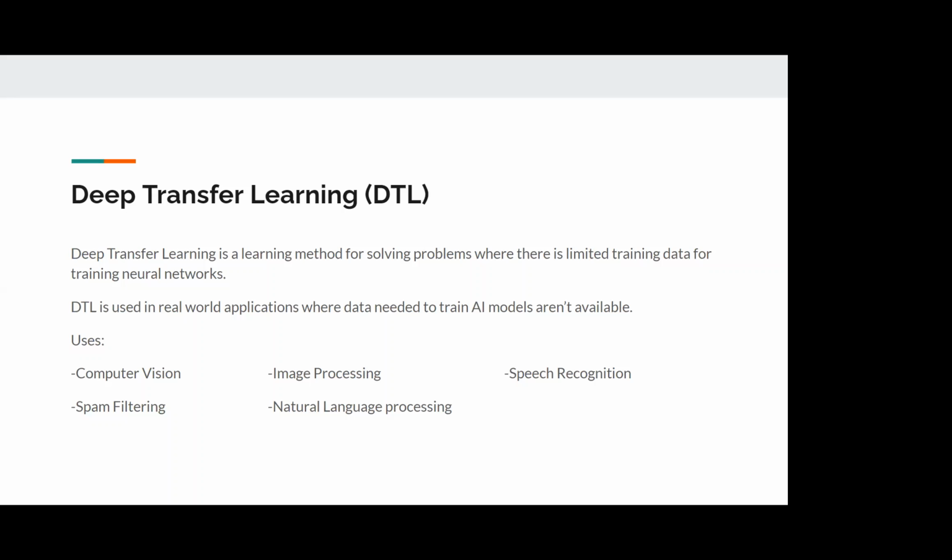Deep transfer learning is often used in real world applications where data is needed to train AI models but there is not enough data available. It's often used in computer vision, image classification, speech recognition, spam filtering, and natural language processing. It uses knowledge acquired from prior tasks to solve related tasks.